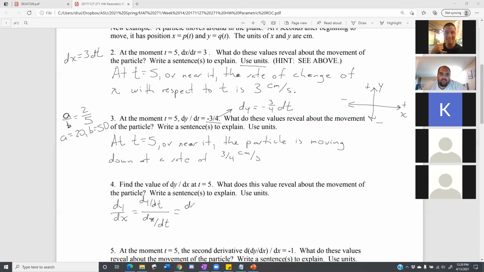I'll write this a different way to show why. I think this makes it pretty clear that this will actually yield dy dx. But dy dt was equal to negative 3/4, and dx dt was 3, right? So yes, I agree. That's going to be negative 1/4.